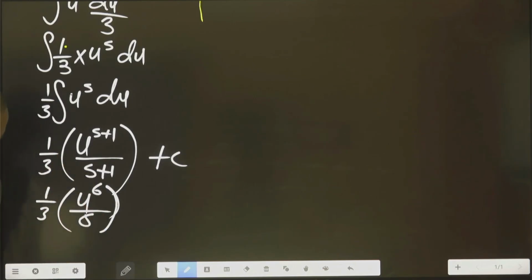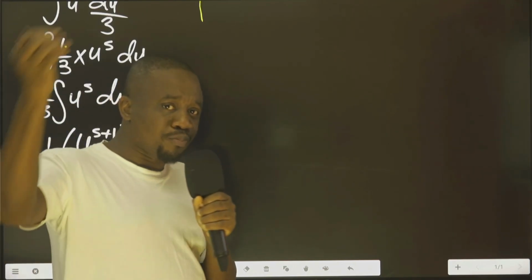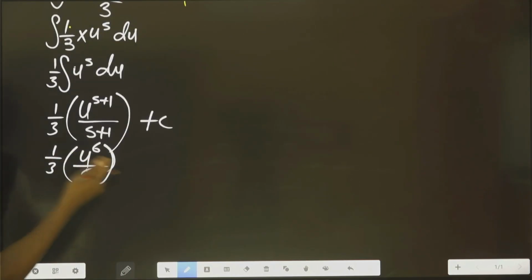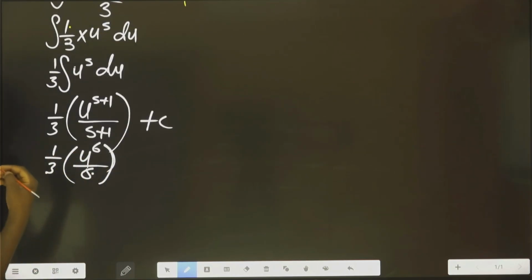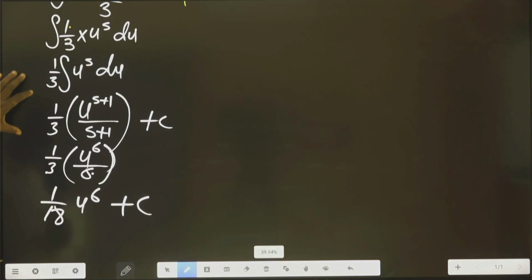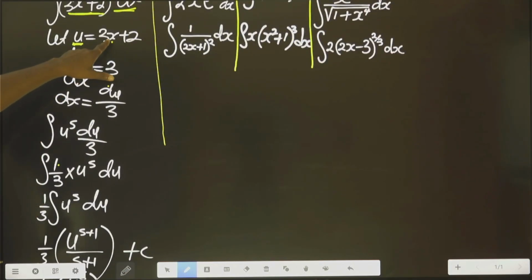Now all we need to do is to go back and substitute the value of u. Before you do that, you can even work this out: 3 multiplied by 6, you agree with me, is 18. So we have u raised to power 6 over 18 plus c. Now if we come back here, u is 3x + 2.